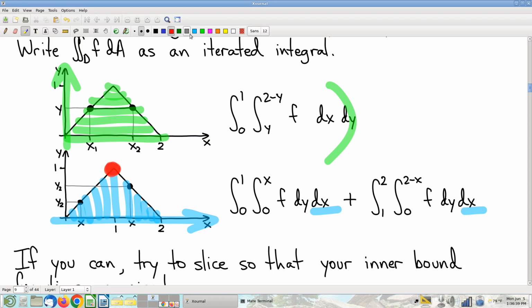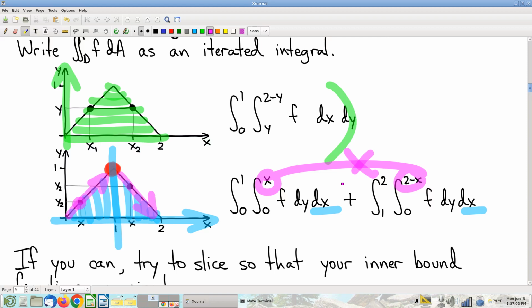It is because I'm slicing through a corner here that my upper bound point moved from the one line to the other line. That's why we have that bad news. It's because I sliced through a corner.